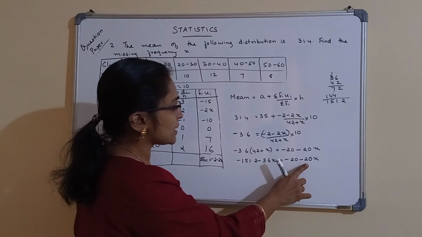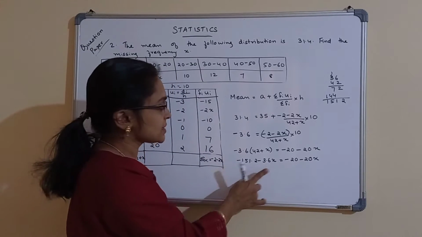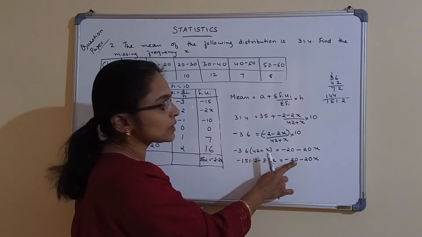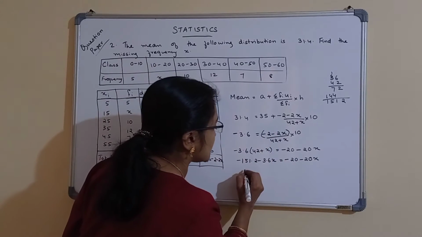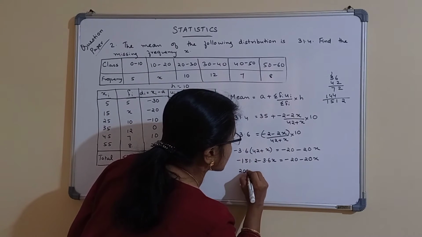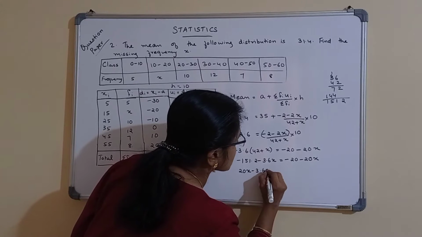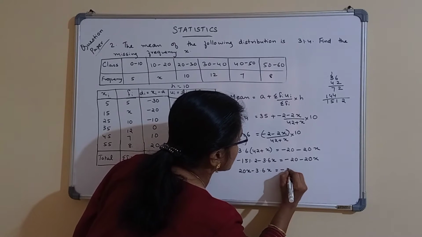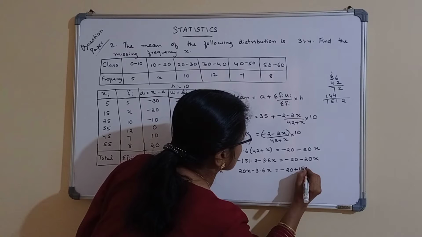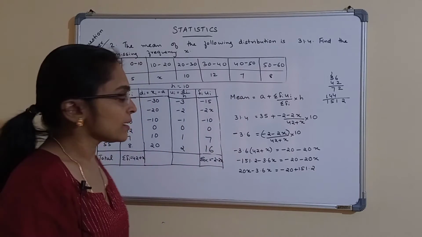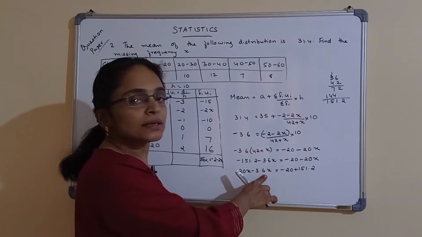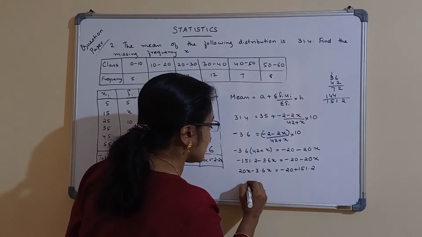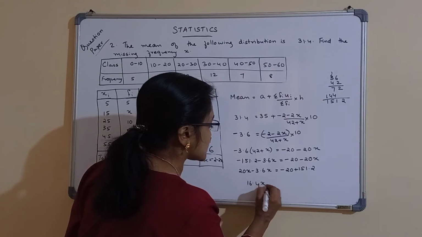So taking this minus 20x to the left hand side and this minus 151.2 to the right hand side, we will get 20x minus 3.6x is equal to minus 20 plus 151.2. Okay, so 20x minus 3.6x is 16.4x, right?